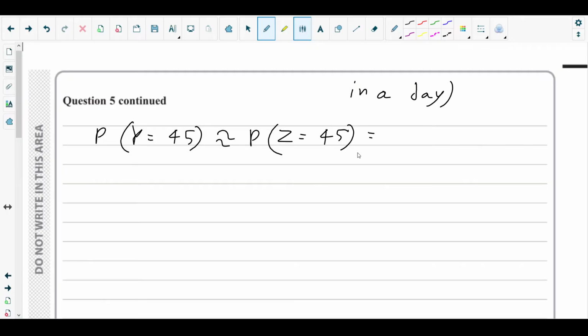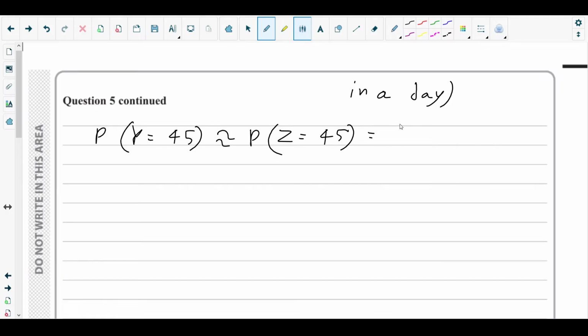The binomial distribution is discrete, and the Poisson distribution is also discrete. Since both are discrete, we don't need any continuity correction here.